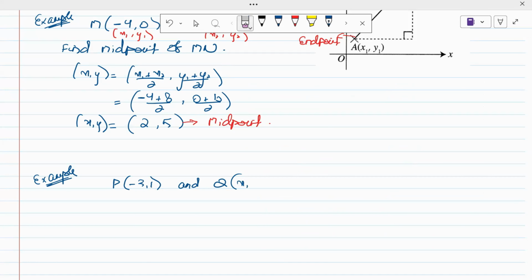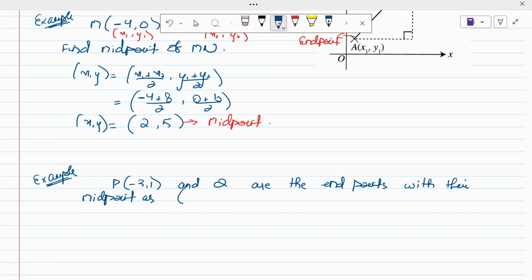P and Q are the endpoints, with their midpoint as (5, 7).